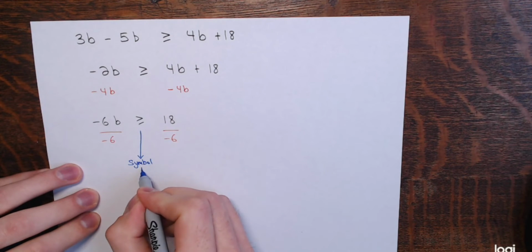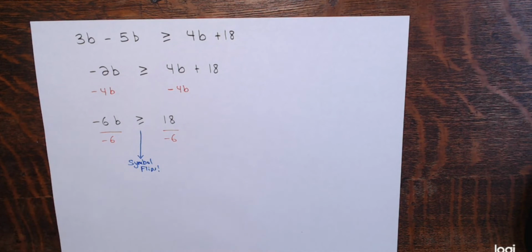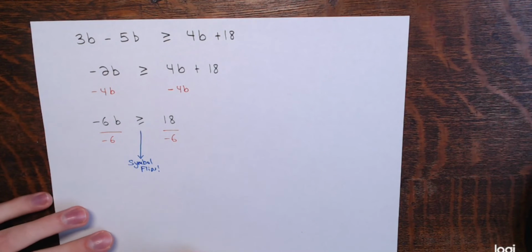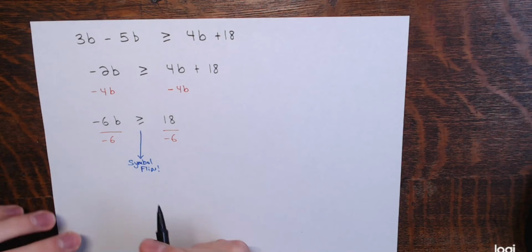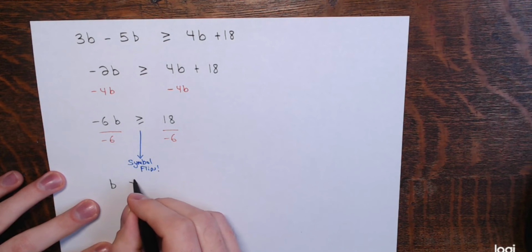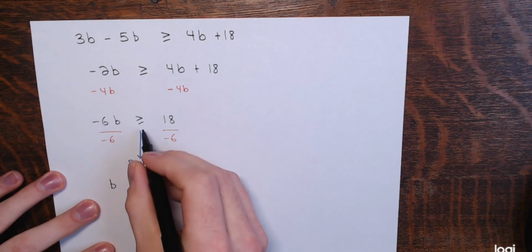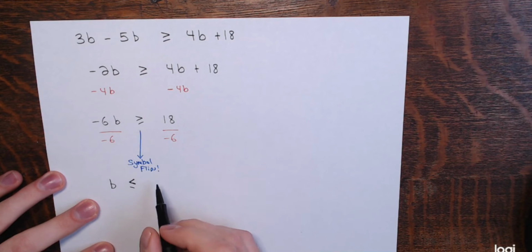The direction of the inequality will change in this case, only because I'm multiplying or dividing by a negative number. If I were dividing by a positive number, nothing would happen. The symbol would not change, but I did divide by a negative number here. So now instead of is greater than or equal to, it becomes is less than or equal to. And then 18 divided by negative 6 is negative 3.